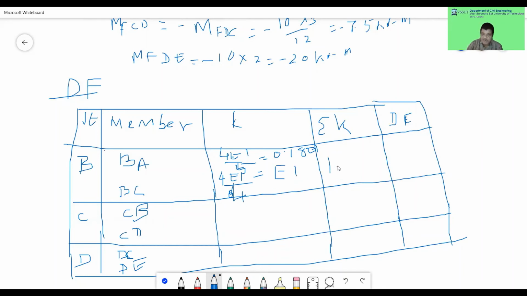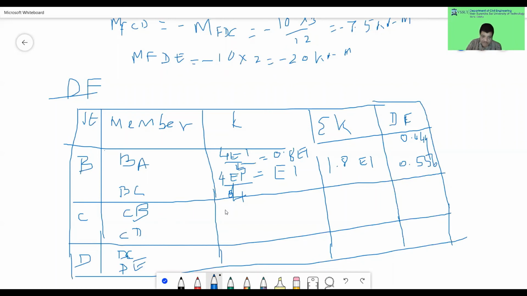Total will come 1.8 EI. We'll calculate the distribution factors, which are coming 0.444 and 0.556. So if we add, they will become equal to 1.